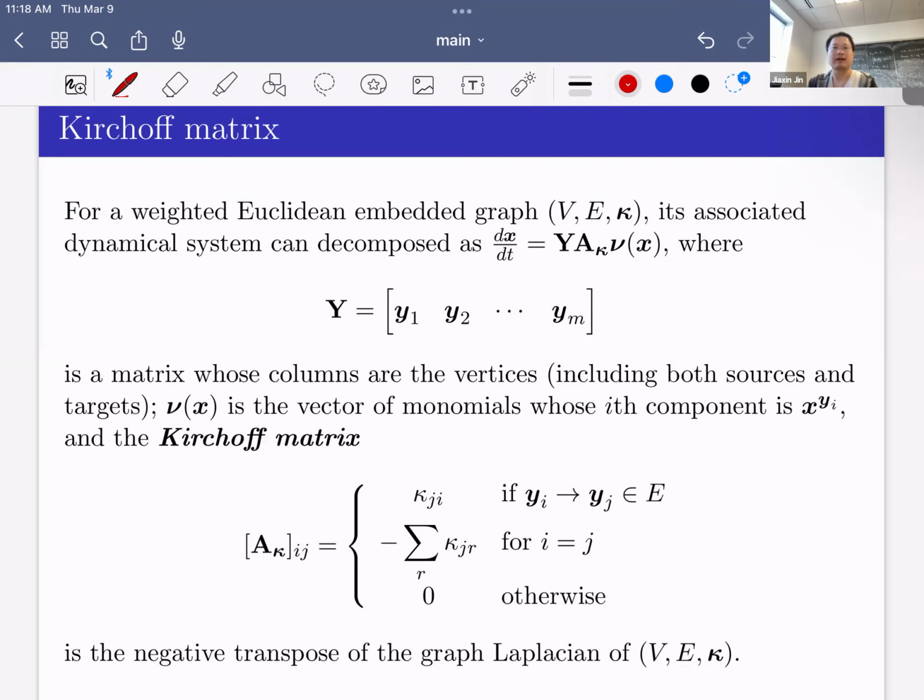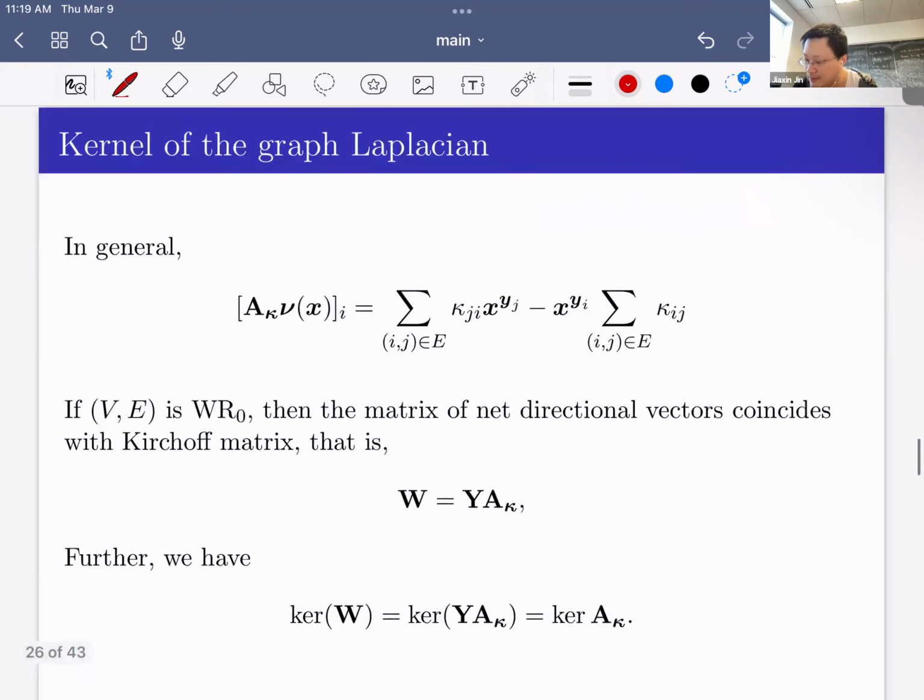Recall that the net reaction vectors are a collection of the reactions on each vertex. So by a very quick computation, you will find W is equal to Y times AK. Therefore, the equation can be rewritten as this.